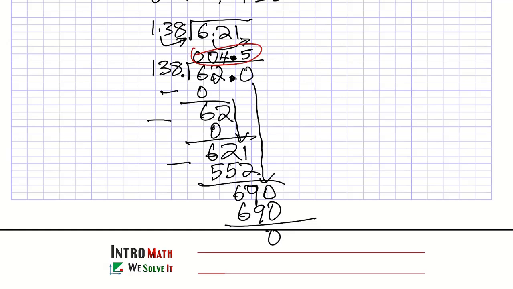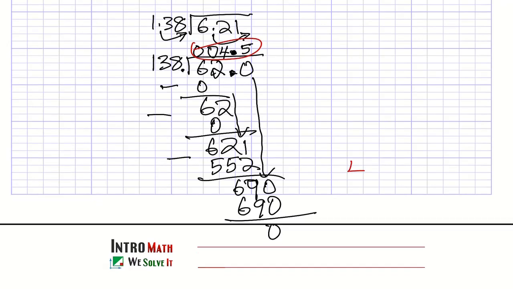The answer is 4.5. That's the answer right there. Okay, so I wanted to do this problem carefully. That way you see when you add that 0 there, it's okay, because remember we have the decimal point right here. It's okay to add the 0 until you finish. There's nothing like remainder. Okay, so we'll do another problem.